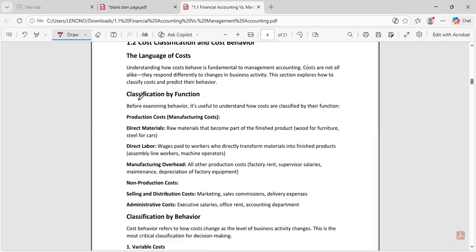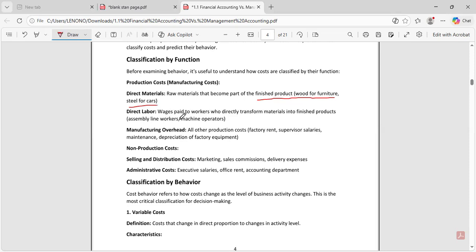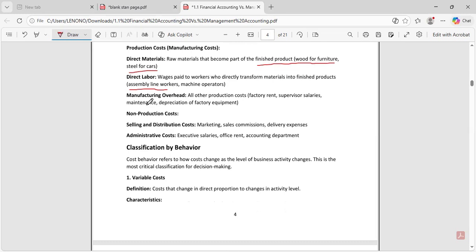So we look at the classification by function. Before examining behavior, it's useful to understand how costs are classified by their function. So we have the production costs, these are manufacturing costs: the direct materials, the raw materials that become part of the finished product, wood for furniture and steel for cars; the direct labor, wages paid to workers who directly transform materials into finished products, assembly line workers and machine operators; and manufacturing overhead or other production costs.